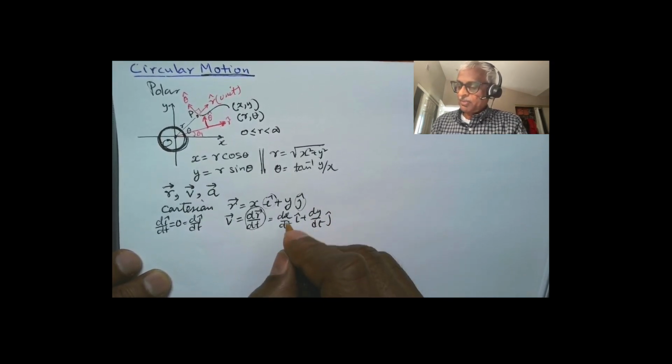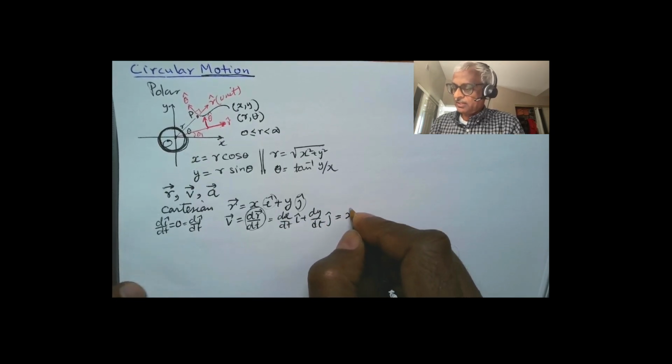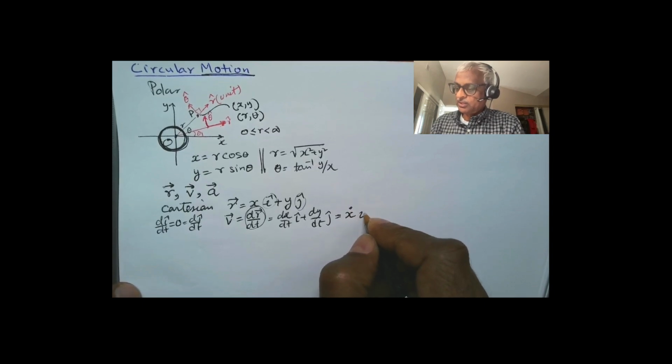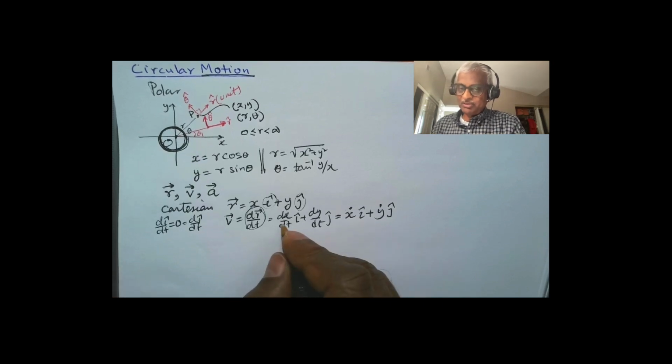But rather than writing all this in explicit form, we'll just write it the way Newton wrote it, with a dot. So a dot or prime can be used to denote one time derivative.